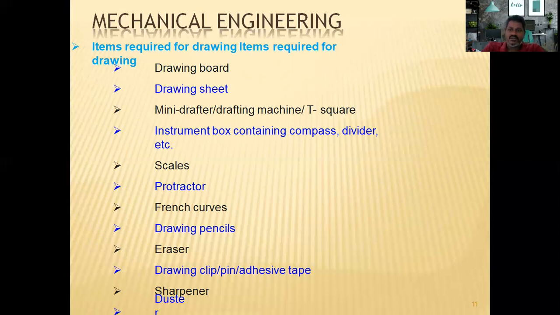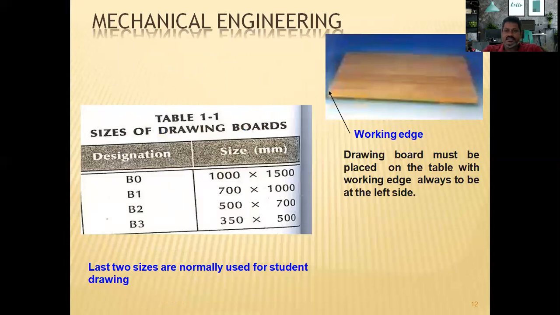Drawing clips are required to locate or to place the drawing sheet on the drawing board, and sharpener we require to sharpen the pencil. So these are all the instruments required to draw the engineering drawing.